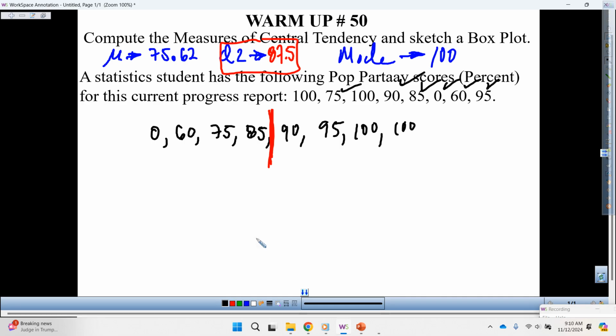Q1, 67.5. Looks about right. We got Q2 at 87.5, and we need Q3. Pass on one, Mitos. 97.5.